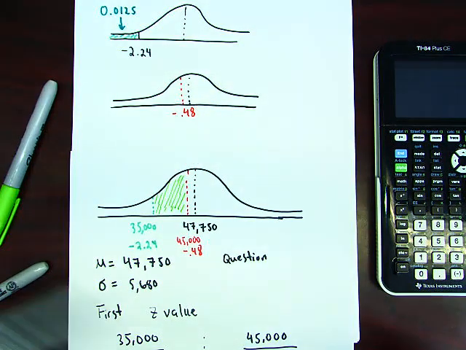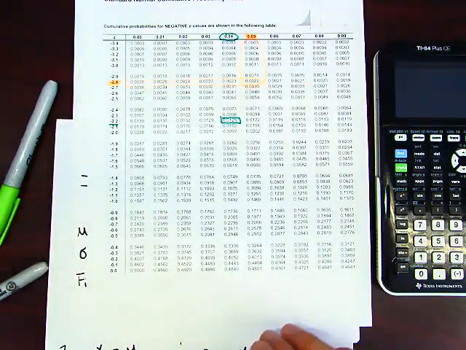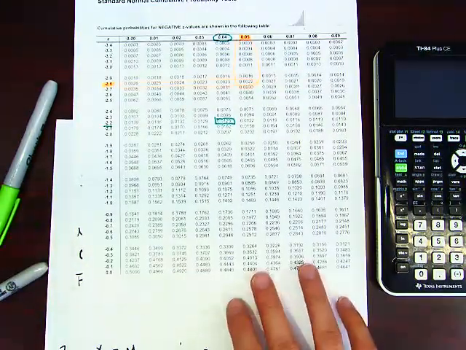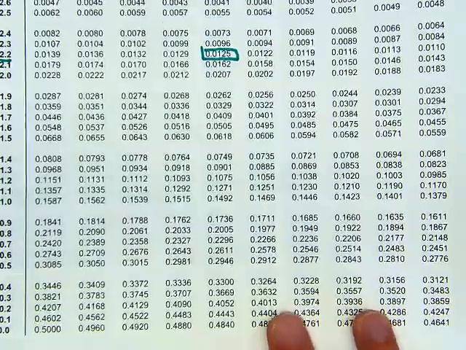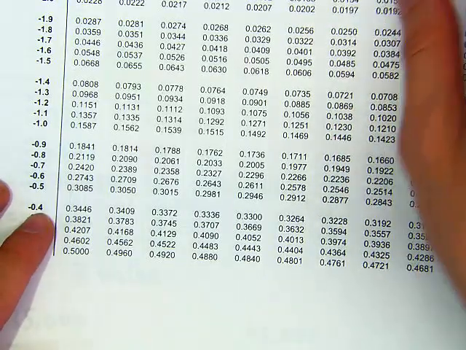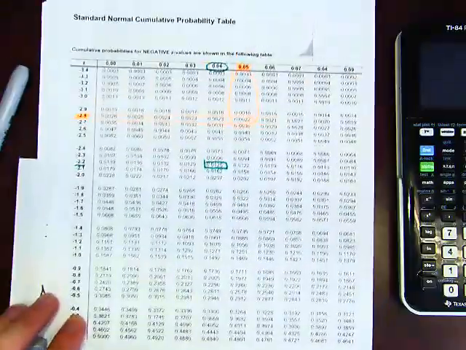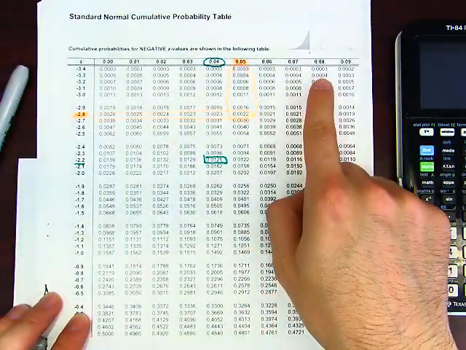Okay, and then what's the z value for this? Well, I need to go to, let's see, -0.4. Let me zoom in. Let me zoom out. I have to go to the 8 over here.